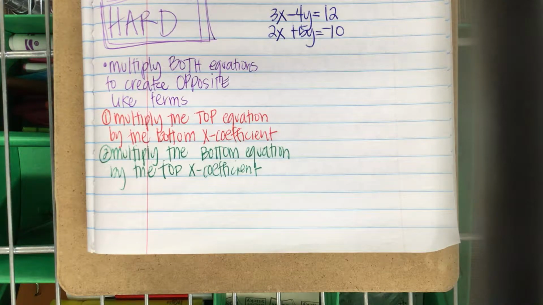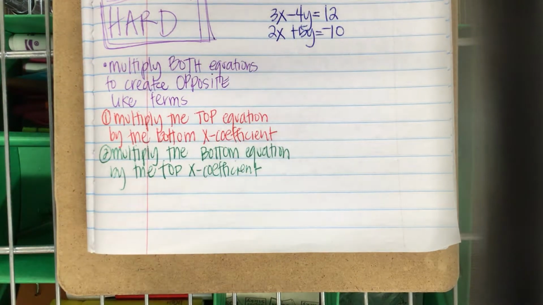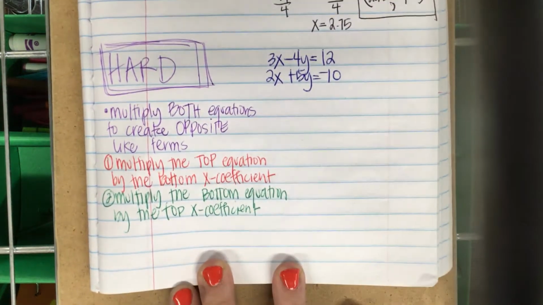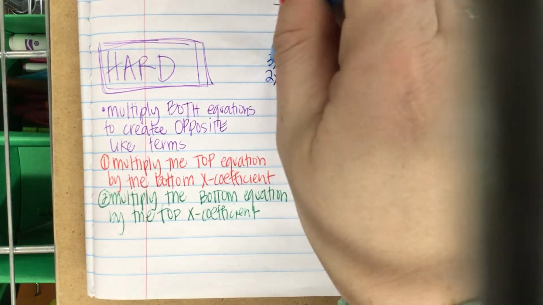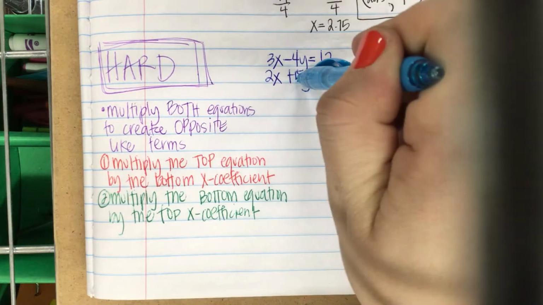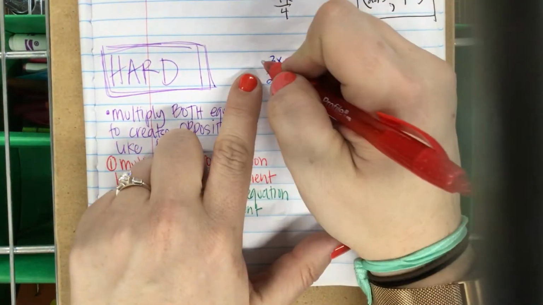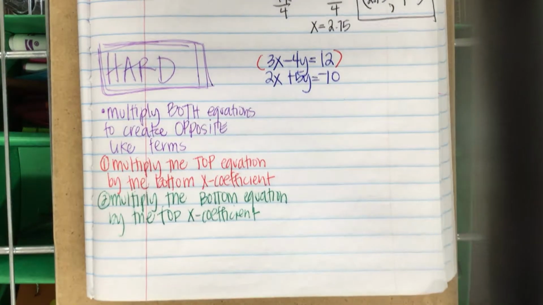Or if you say, Mrs. Long, I don't like the x coefficients, I only want to work with y, that's fine. As long as you do the y and the y, or the x and the x. Multiply the top equation by the bottom x coefficient. Multiply the bottom equation by the top x coefficient. Ready to try it? What does the top equation get multiplied by?